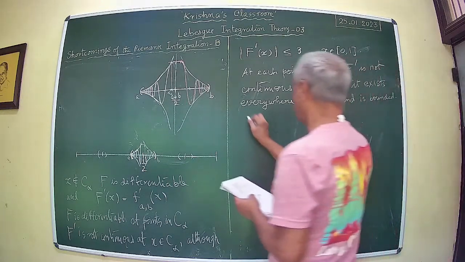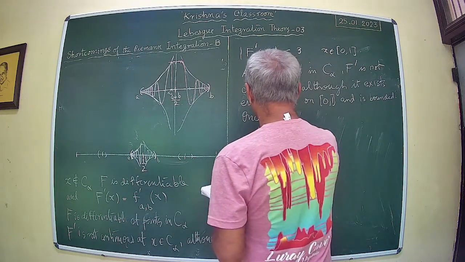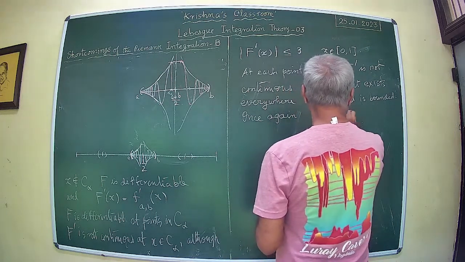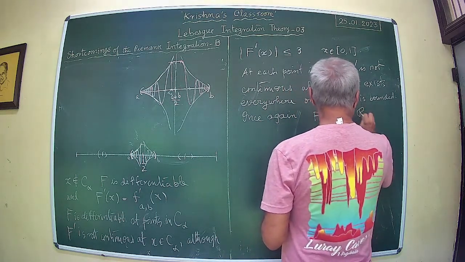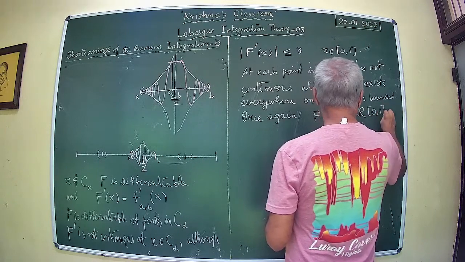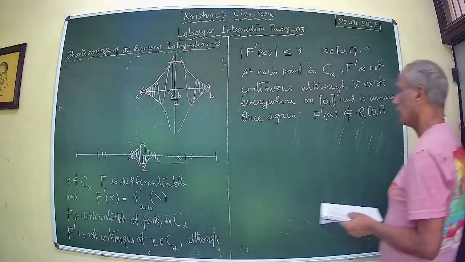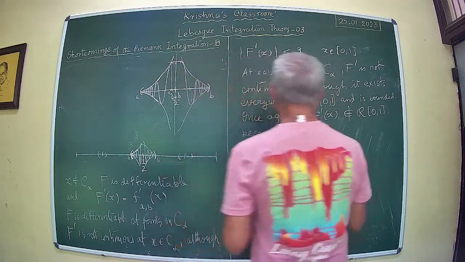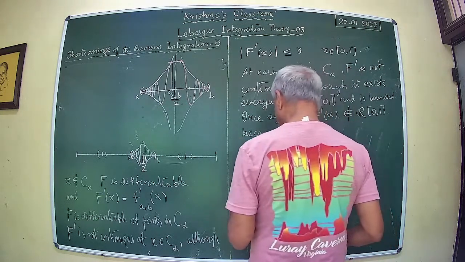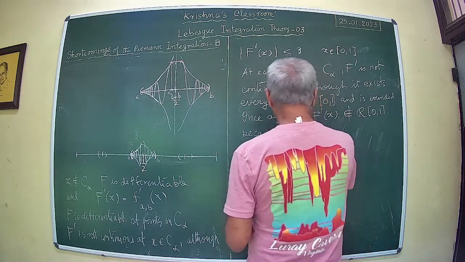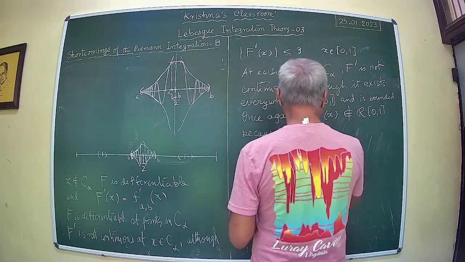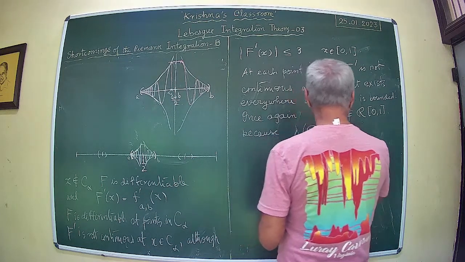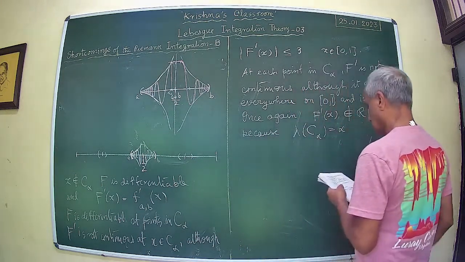Therefore, once again, on zero one, because the lambda of C alpha is equal to alpha, which is positive.